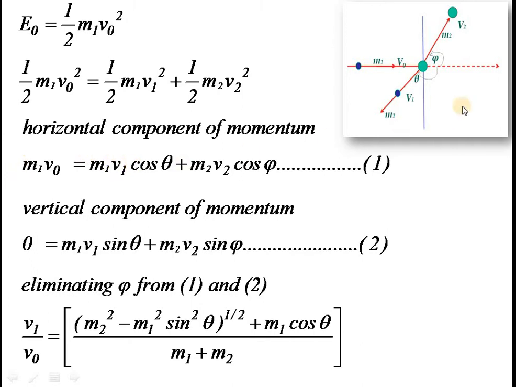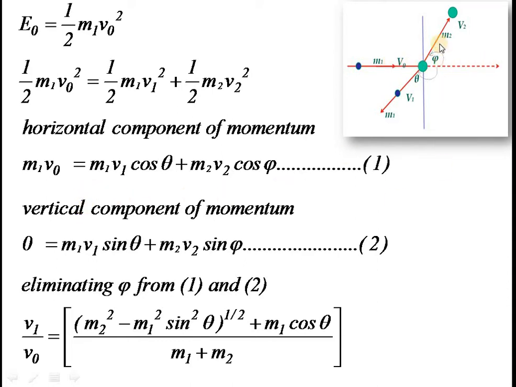And the momentum of the scattered particle? You can take the component in the horizontal direction. That will be simply m1 v1 cos theta, where theta is the scattered angle. Similarly, the horizontal component of the target's momentum will be m2 v2 cos phi, because this is phi. So we got the momentum conservation along the horizontal axis.